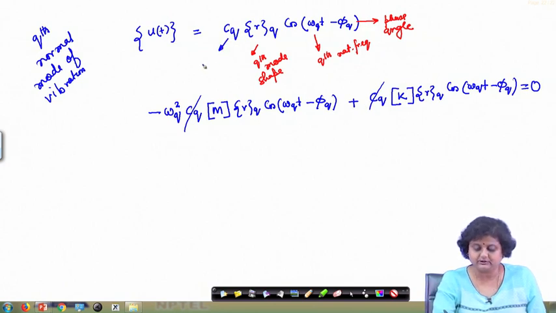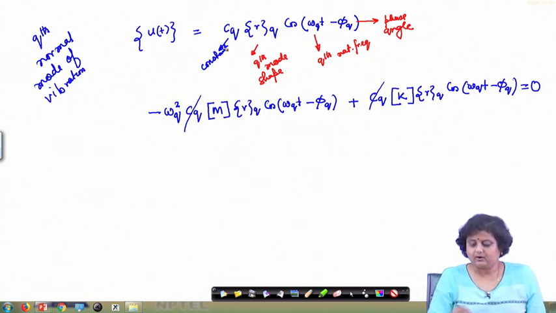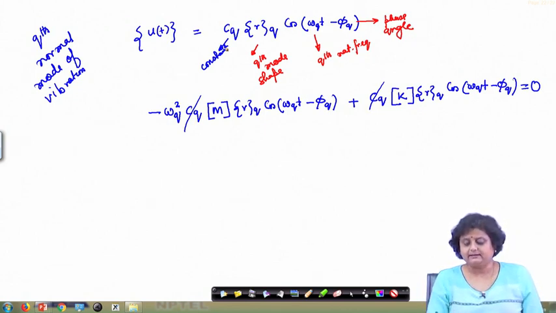I forgot mentioning this, that this is a constant. So, I can always cancel out C q, and then I can use the same logic that cos omega q t minus phi q cannot be equal to 0 for all t.